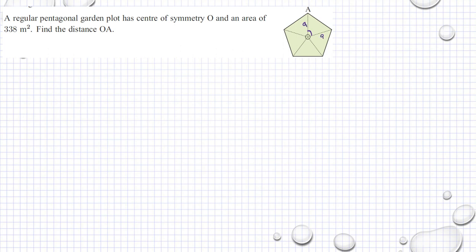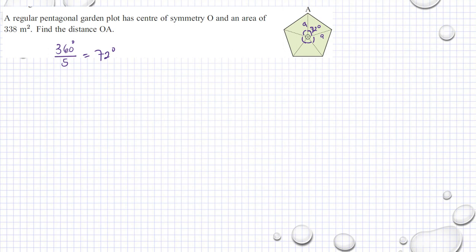Okay, they are isosceles triangles. If I add all the angles of the 5 triangles, then we have 360 degrees. If we divide it by 5, then we have 72 degrees. So one angle is 72 degrees.